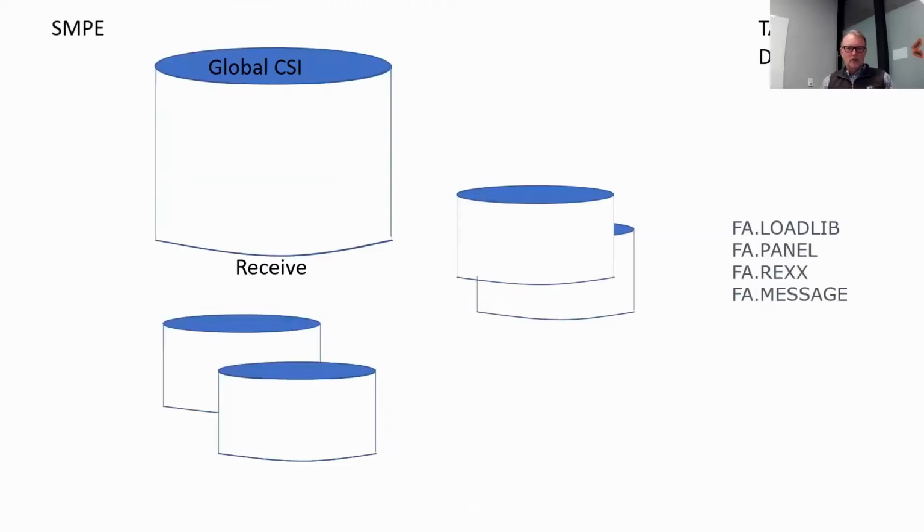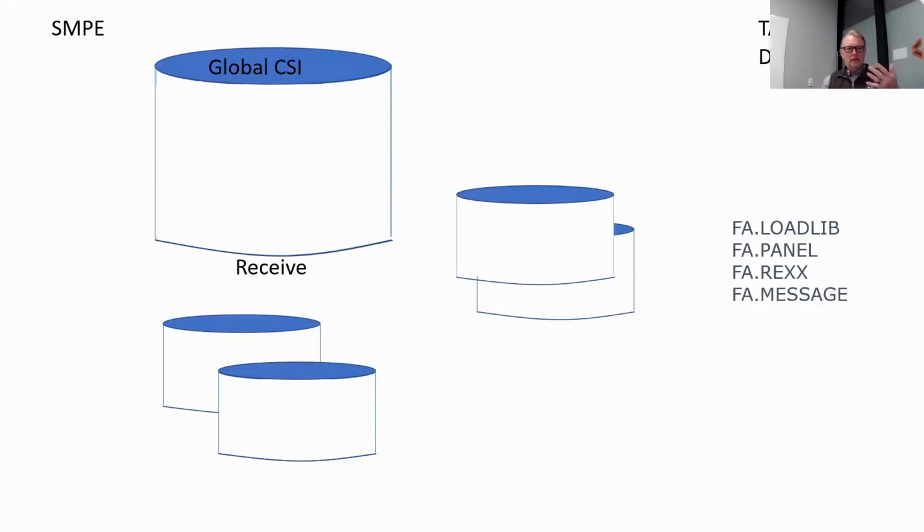I'm going to go to SMP/E because SMP/E is a mystery to a lot of people. Let me just say this. SMP/E is a database of the parts that are necessary for an application. So it's a data set of parts. And it also contains a reference of how to build the application locally on your site.